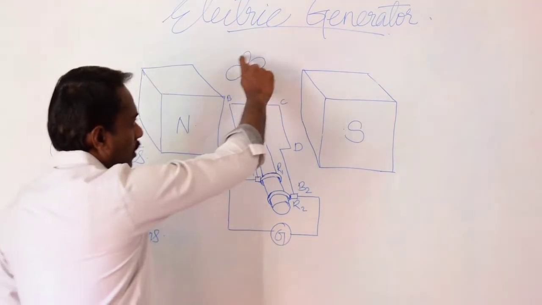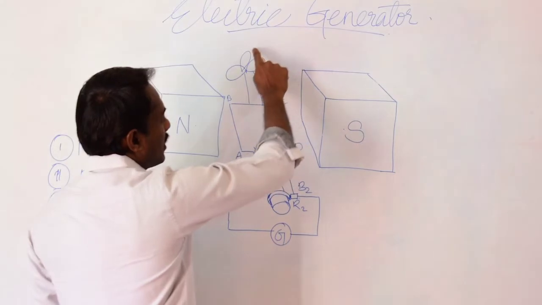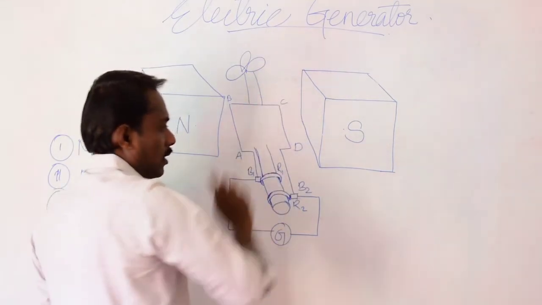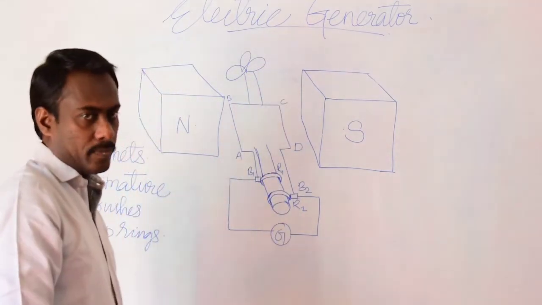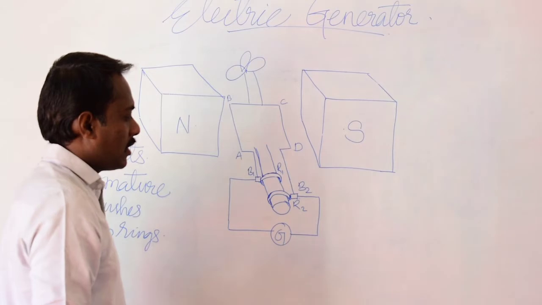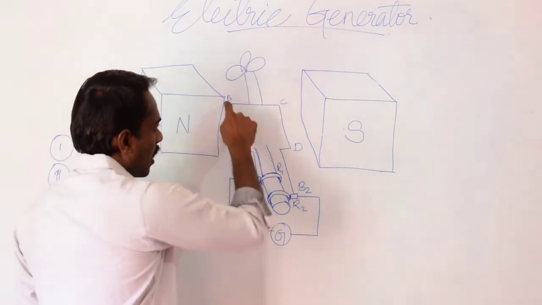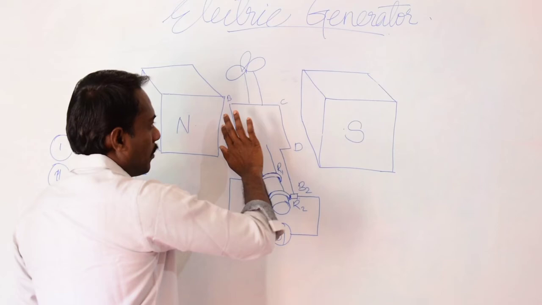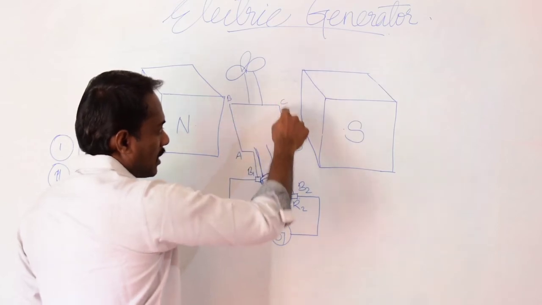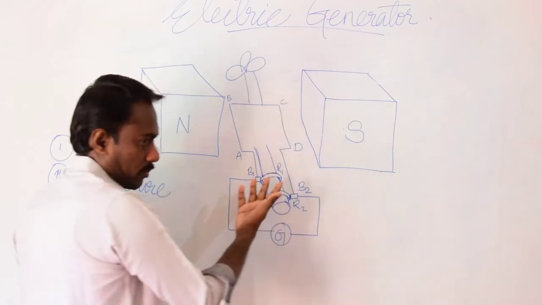When mechanical energy is provided to rotate the coil, the arm AB goes up and CD moves down.